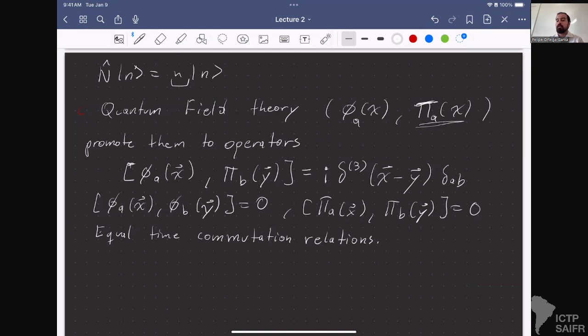And you might worry that this will break Lorentz invariance, but happily this doesn't break Lorentz invariance. As we will see later, you will recover states that satisfy the dispersion relation of relativity. And that's because the Hamiltonian formulation is equivalent to the Lagrangian formulation, which is explicitly Lorentz invariant.